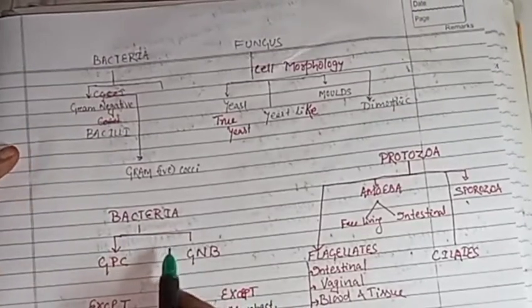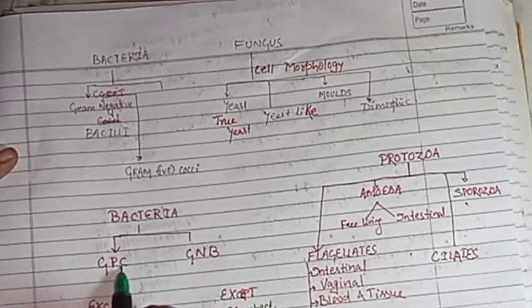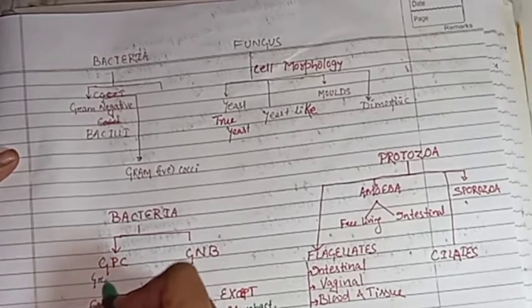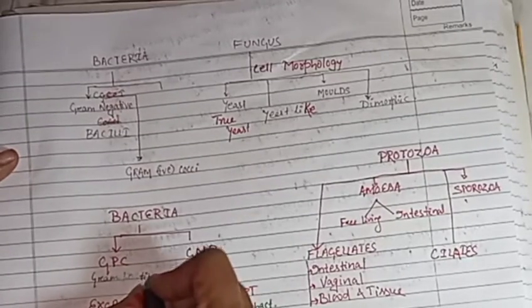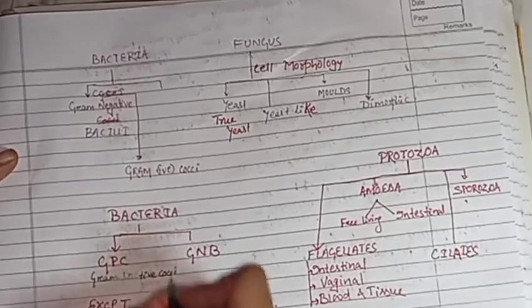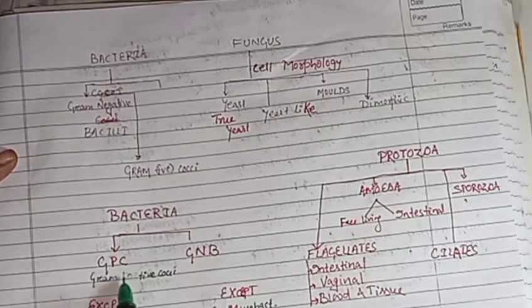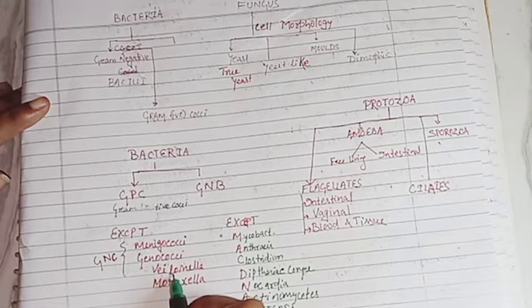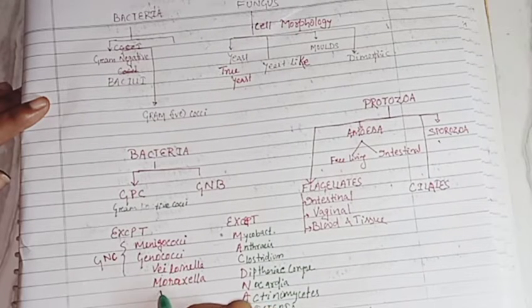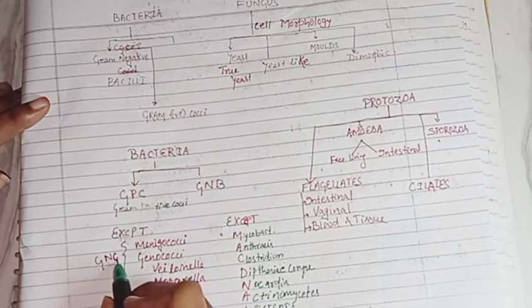Inside our microbiology, bacteria are classified into two types. One is gram positive cocci, meaning all gram positive cocci are cocci, except Meningococci, Gonococci, Veillonella and Moraxella. These are gram negative cocci.